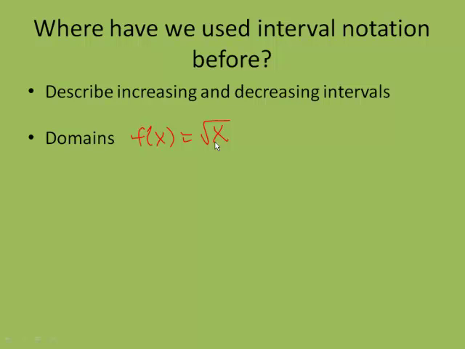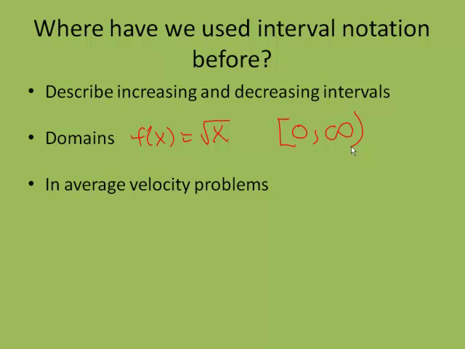So you could say x is greater than or equal to 0. But us, calculus people, are going to say, well, I could include 0 and go forever after, anything larger than 0. So from 0 to infinity, basically, including 0. So we've seen it there before.